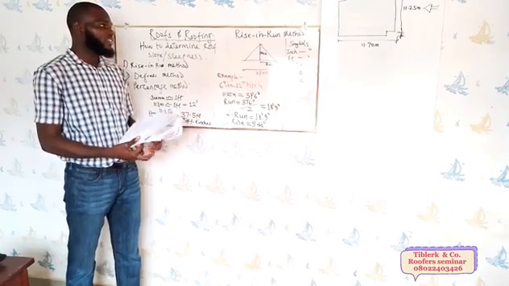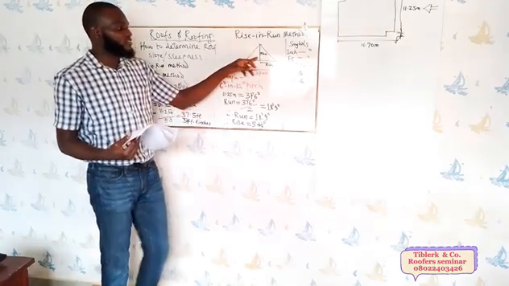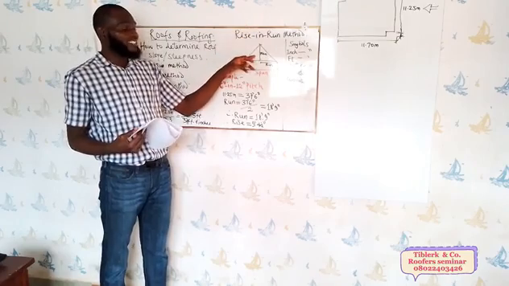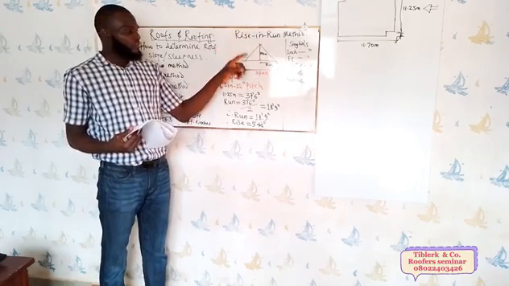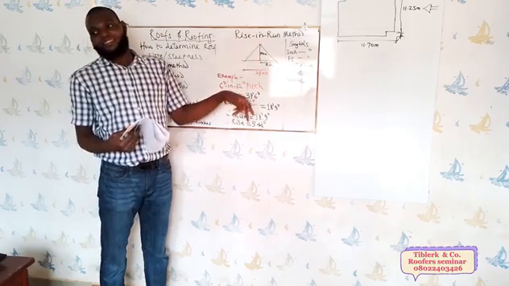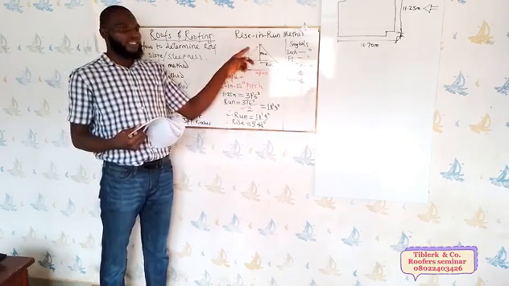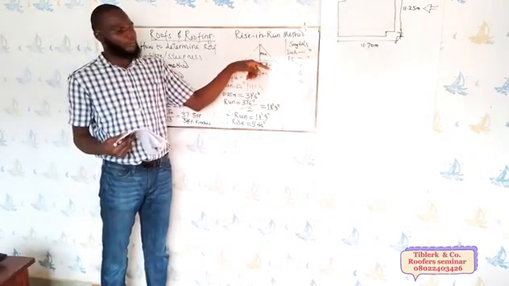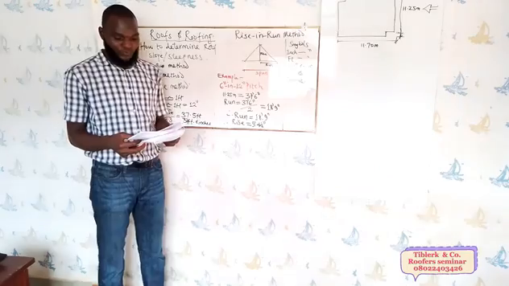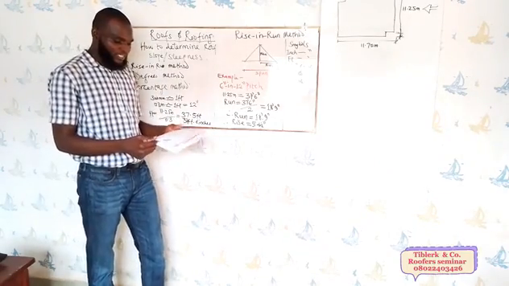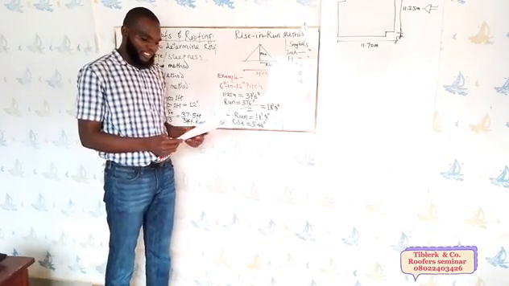So when the rise is increasing by 1 foot, the run will be increasing by 3. For every 1 in rise, there will be 3 in run. Okay, let's go by the examples in our material.